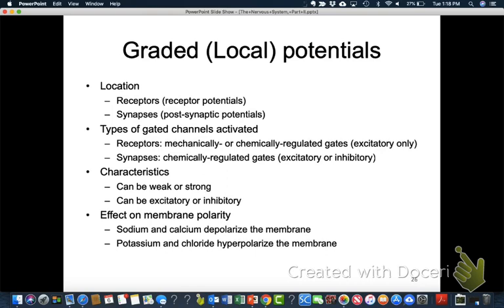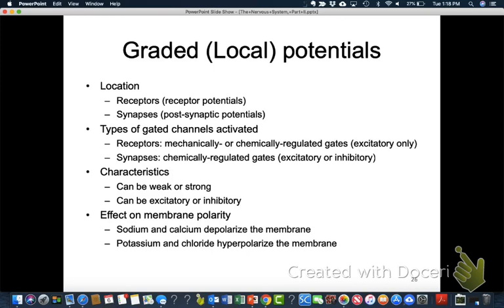These are the potentials that are found in the receptive region of the cells, the dendrites of sensory cells, or the dendrites and cell body of the multipolar cells at the synapses. So receptors give you receptor potentials. We're actually going to come back and talk about them separately in Chapter 16.